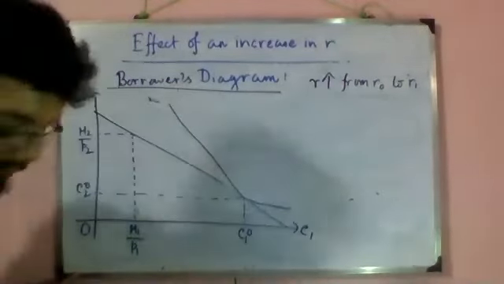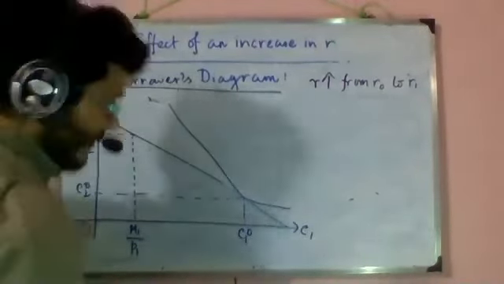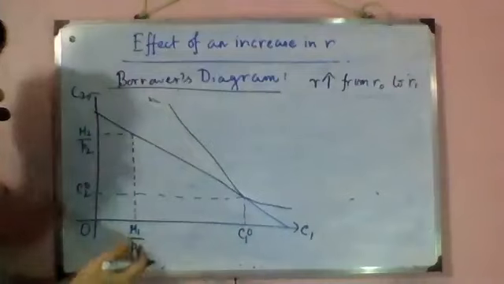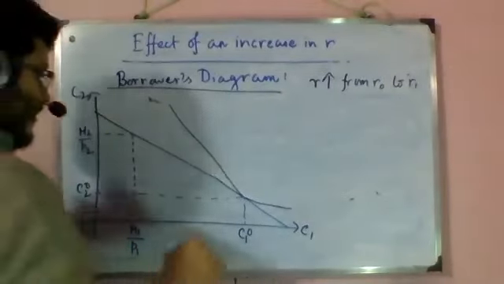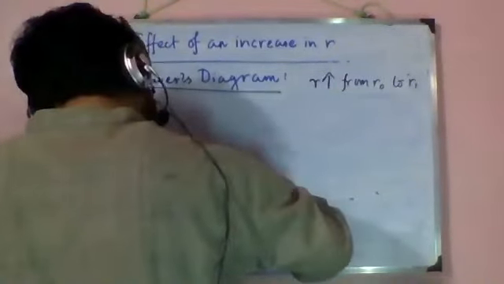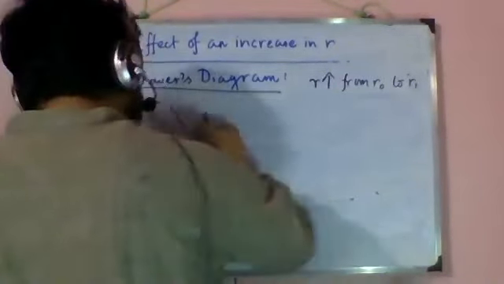Okay, let's keep it like that, and draw a better IC yourself. Anyways. Now the budget line will rotate, taking this point. Okay, let's say this is our new budget line. So this is our old budget line and this is our new budget line.